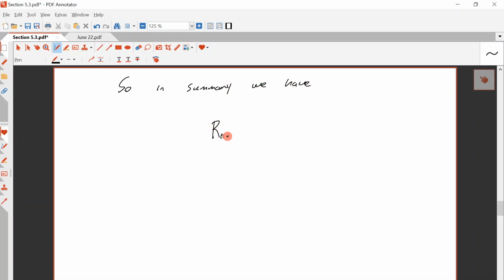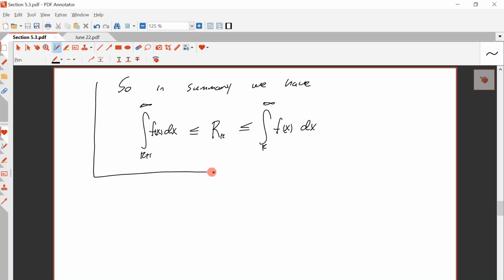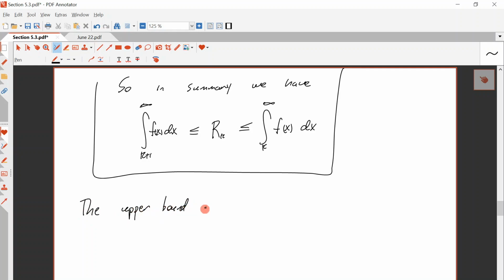That r k is less than or equal to the integral from k to infinity f of x dx and is bigger than or equal to the integral from k plus 1 to infinity f of x dx. All right, so now really the upper bound is the more important one for our purposes.